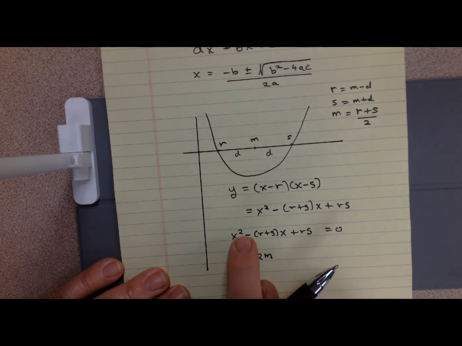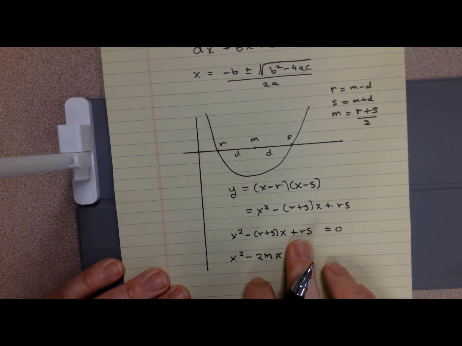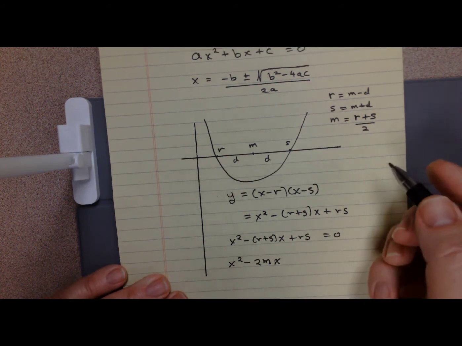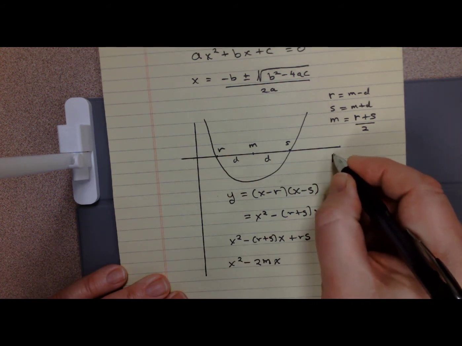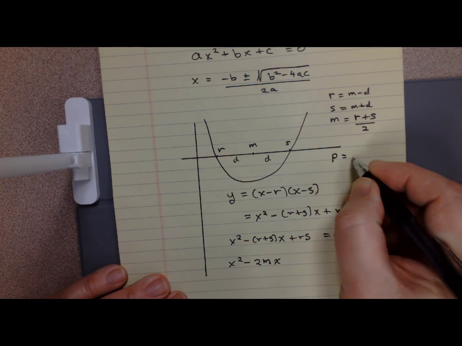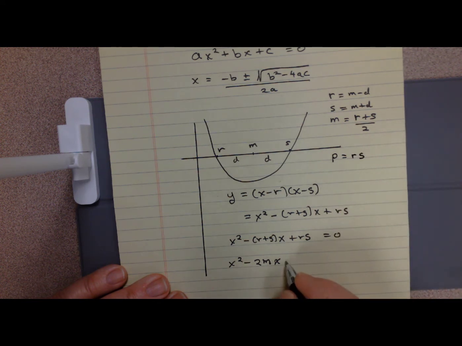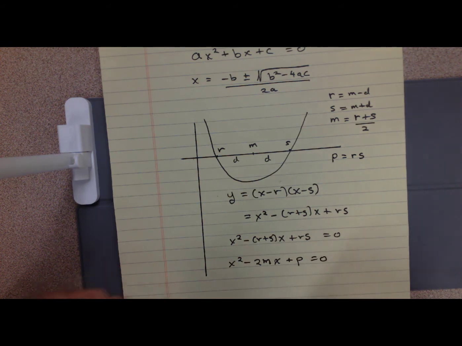This is a negative times r plus s, so this will be negative 2m times x. Now, that r times s is the product of the roots, so I'm going to let p be equal to r times s. So this will be equal to p here, and this is all equal to 0.